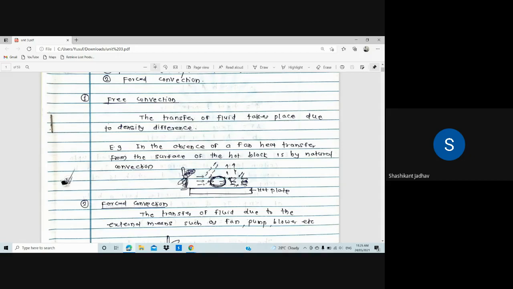And due to that density difference that molecule is moving in the upward direction. ओके, म्हणजे अशा प्रकारे तिथे हीट ट्रान्सफर होणार आहे. म्हणजे इथं मॉलिक्युलला जी काही मोशन आहे ती कशामुळे होणार आहे, because of the density difference. ओके, सो दिस इज अबाउट दी नॅचरल कन्व्हेक्शन. ओके, डेन्सिटी डिफरन्स मुळे ते मॉलिक्युल्स मूव्ह होणार आहेत, and because of that heat transfer takes place, that is nothing but free convection.